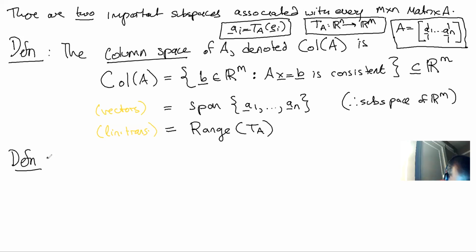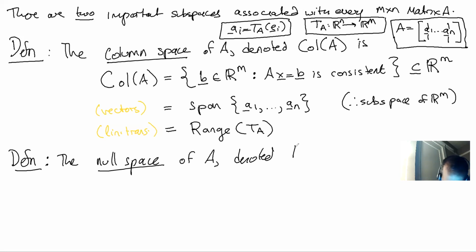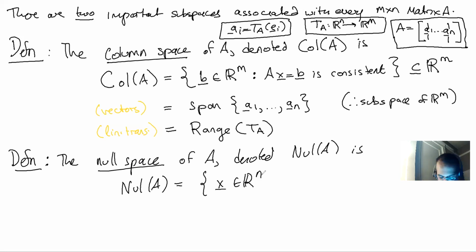Okay, let me give the second thing, which is called the null space. The null space of A, denoted null of A, is the set of x in Rn, so it's living in a different space here, such that Ax equals 0.